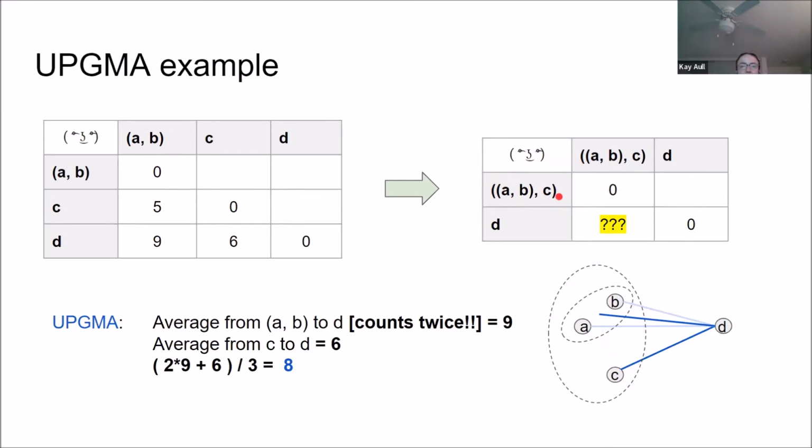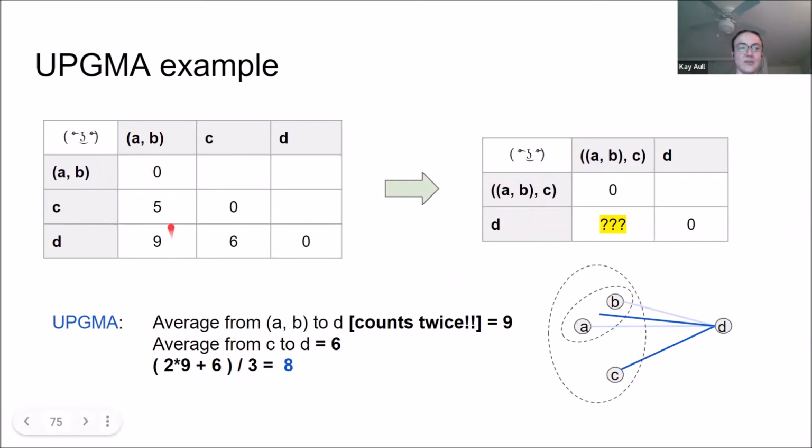So, for UPGMA, you're calculating the average, but you are calculating the average of all individuals. So you start with, what is the distance from this AB cluster to D?